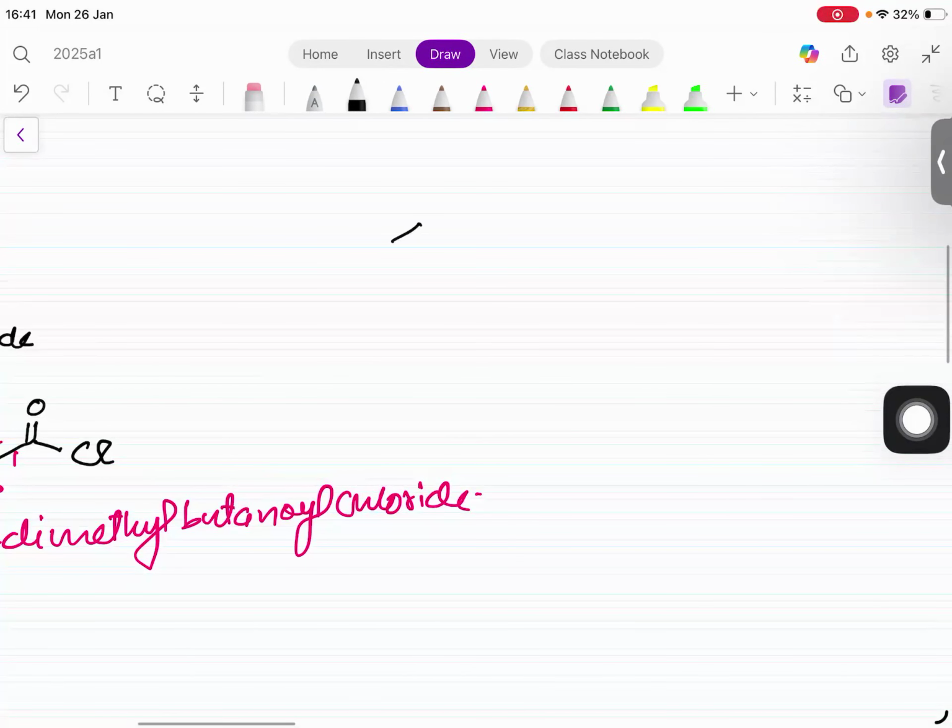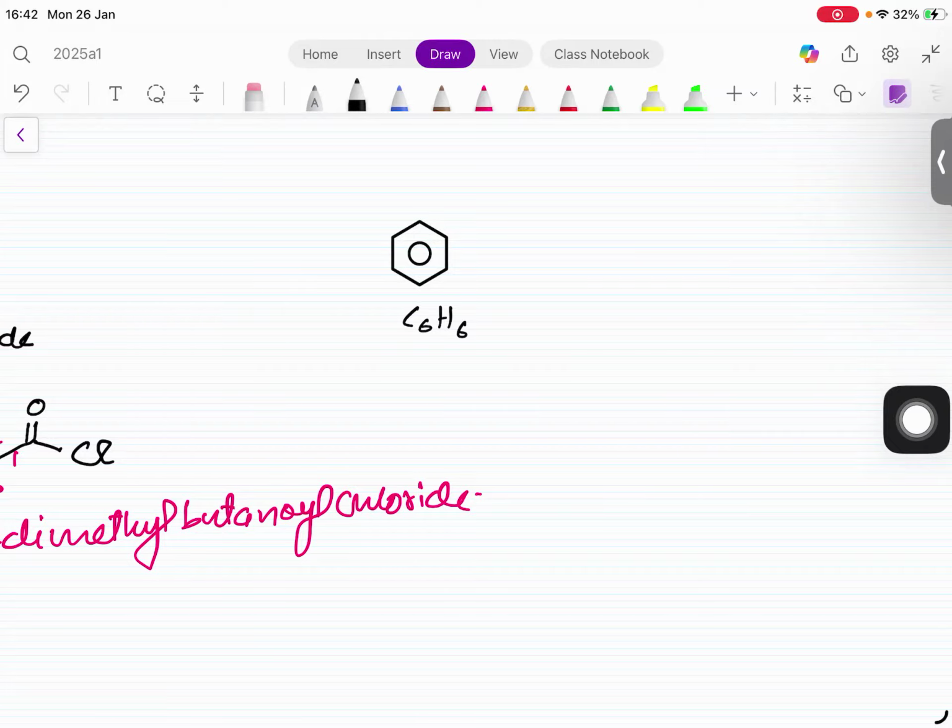Now one more thing before I move on. Everyone pay attention. This is C6H6. What is the name of C6H6? It is benzene.